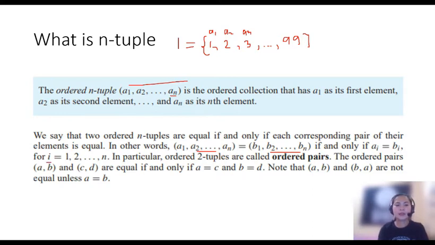In particular, ordered 2-tuples are called ordered pairs. Remember that. The ordered pairs (A, B) and (C, D) are equal if and only if A equals C and B equals D. Note that (A, B) and (B, A) are not equal unless A equals B. So remember this method, the n-tuple, because we will be able to use it.